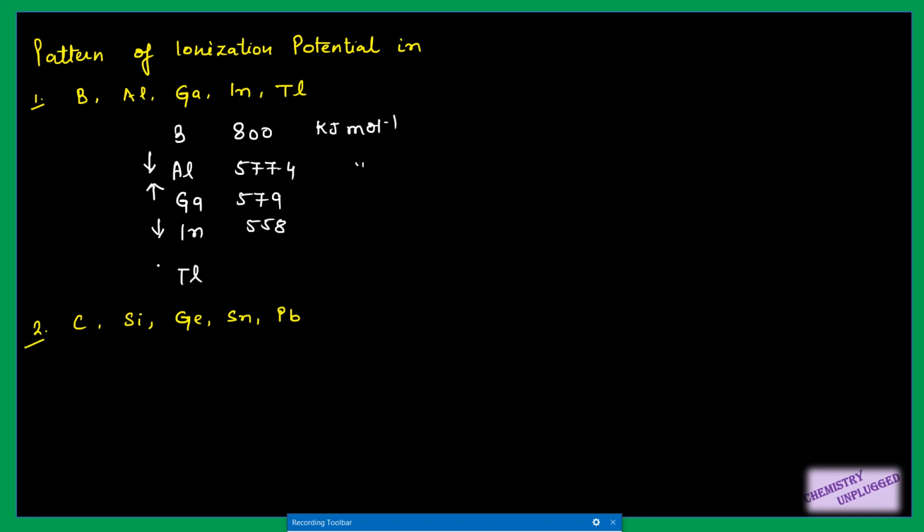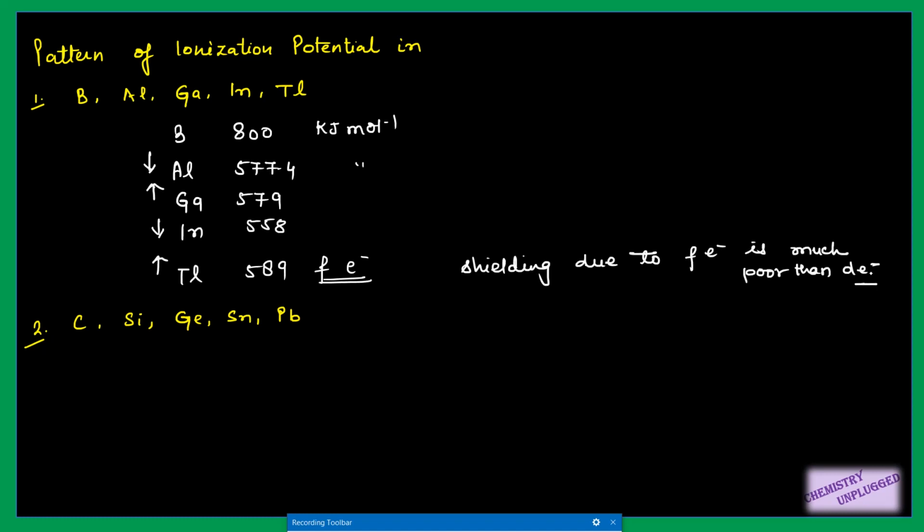So again it will increase, and this time we have the value 589, and this increase is due to the addition of electrons in f orbitals, and the shielding due to f electrons is much poorer than that of d electrons, right? So it will not be that easy to remove the outermost electron in the case of thallium, right?